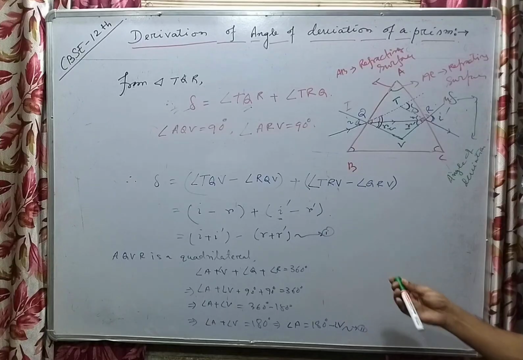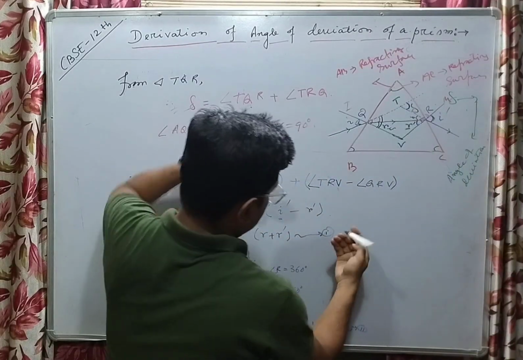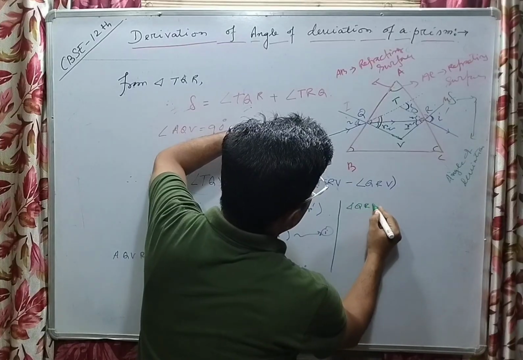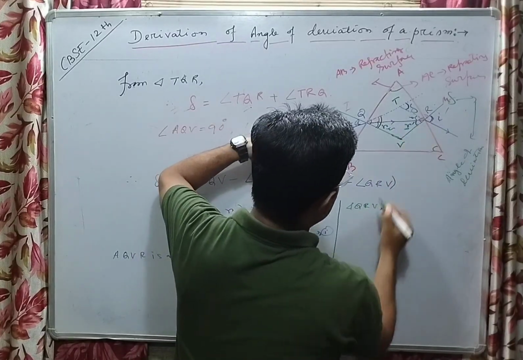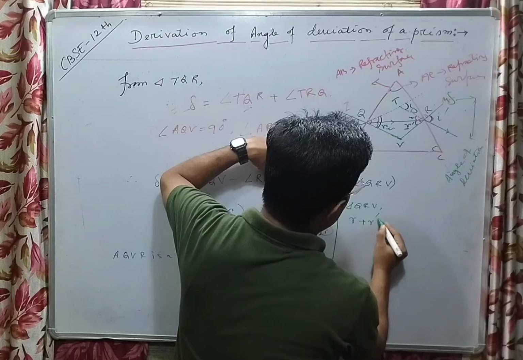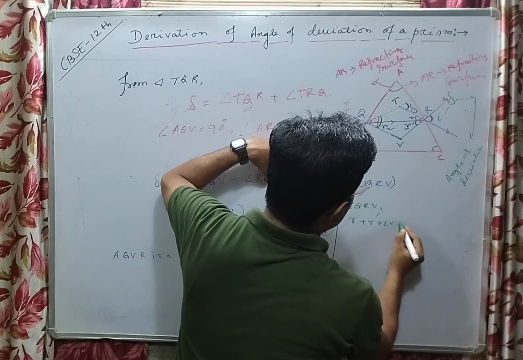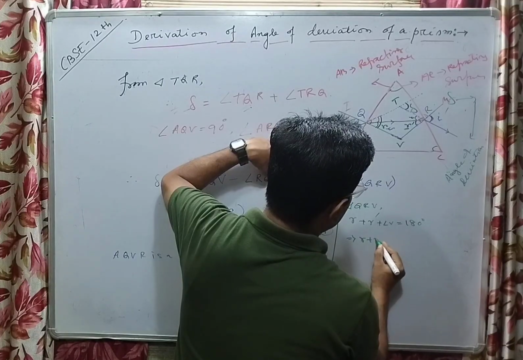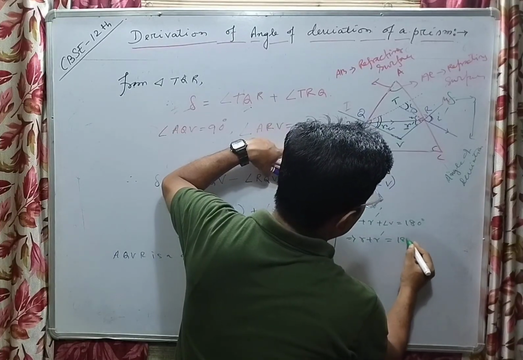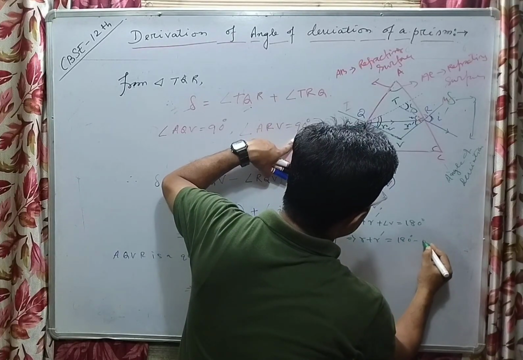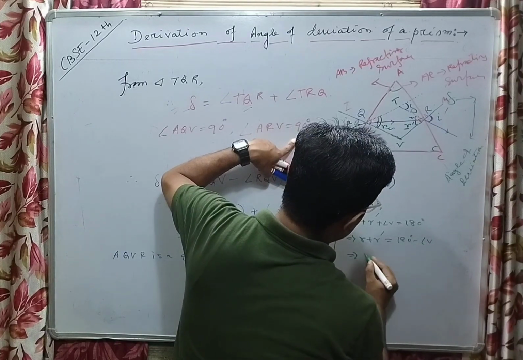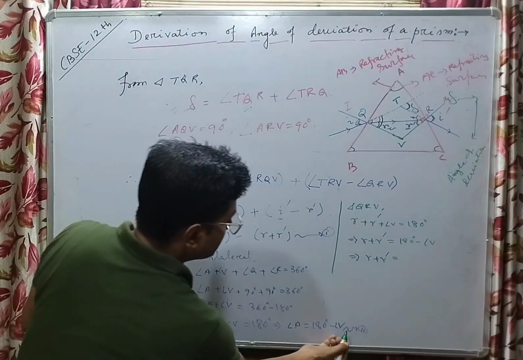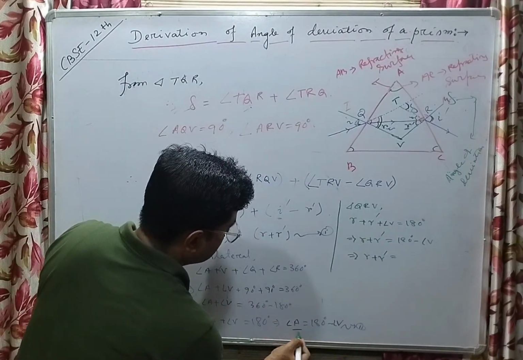From triangle QRV, students, the sum of all angles: r plus r dash plus angle V is equal to 180 degrees, implies r plus r dash is equal to 180 degrees minus angle V. 180 degrees minus angle V is equal to what?